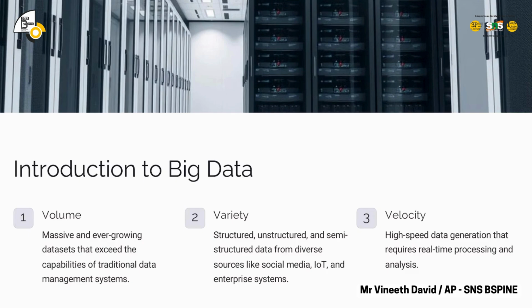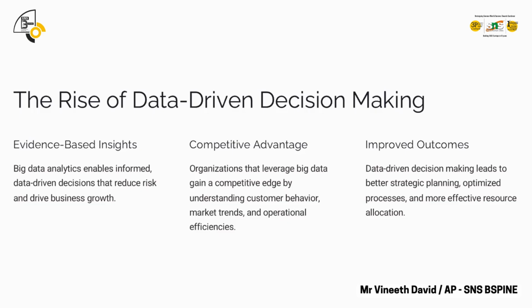Velocity: the data flows in at ever-increasing speeds, necessitating real-time processing to gain timely insights. Variety: the data comes in various formats like structured, unstructured and semi-structured data, that is the variety of data.